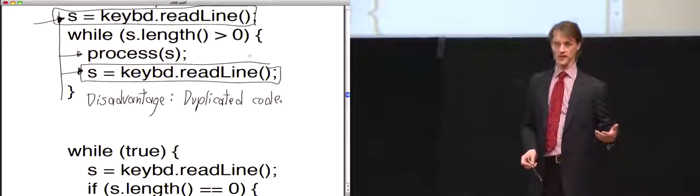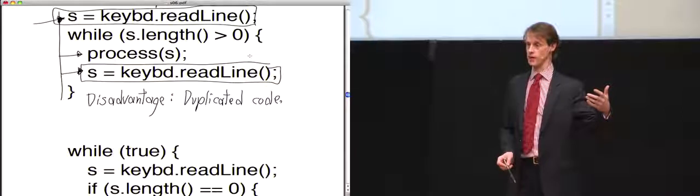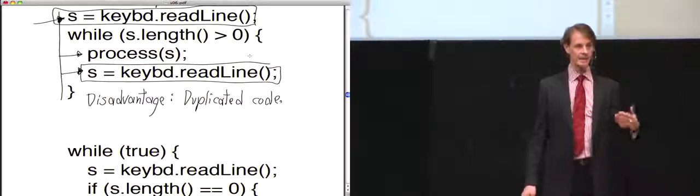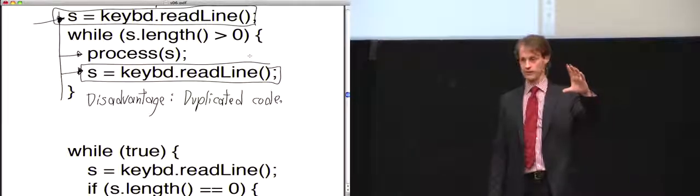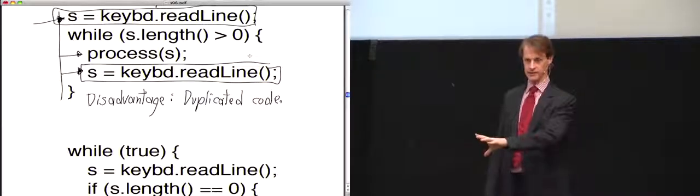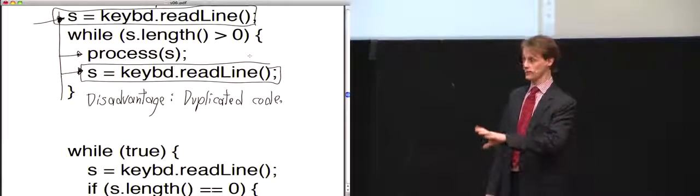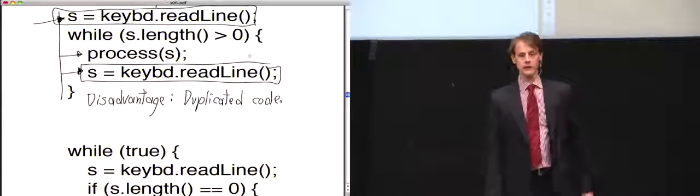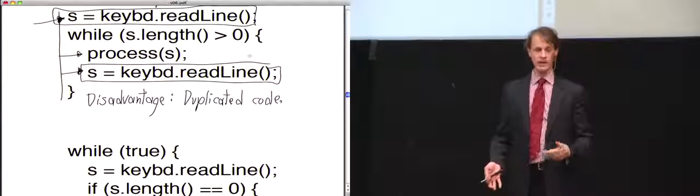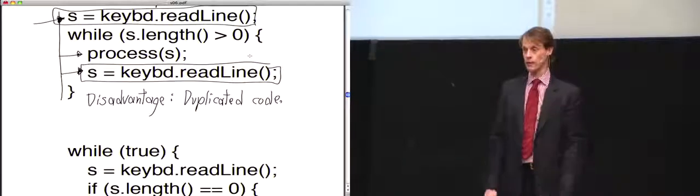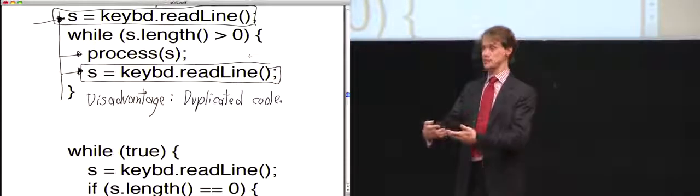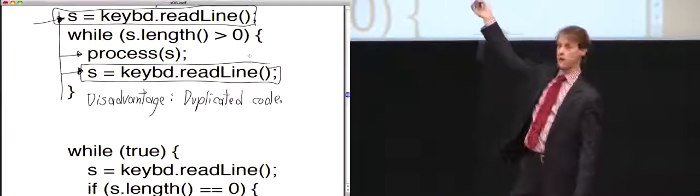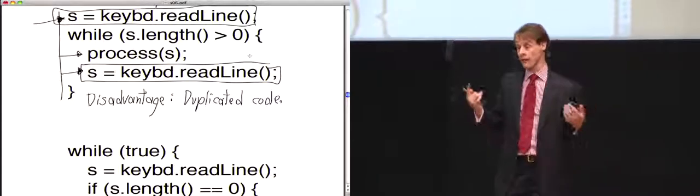I mean, it's easy to take your text editor and duplicate 100 lines of code, but suppose later you're debugging that code and you find a bug and you fix one of the 100 lines, but you forget that there's the other 100 lines where you've copied it all and you have to fix the bug there too. So if you want to make code maintenance easy, fixing your bugs, then it's not good to duplicate too much code. So typically, if you have a lot of duplicated code, you'll put it into a separate method and call that method twice so that you only have to at least duplicate one line of code.